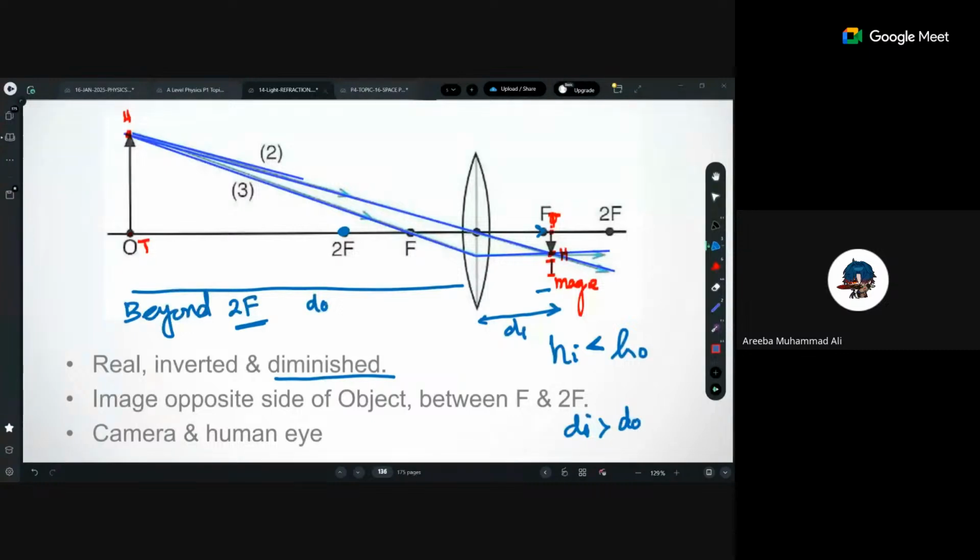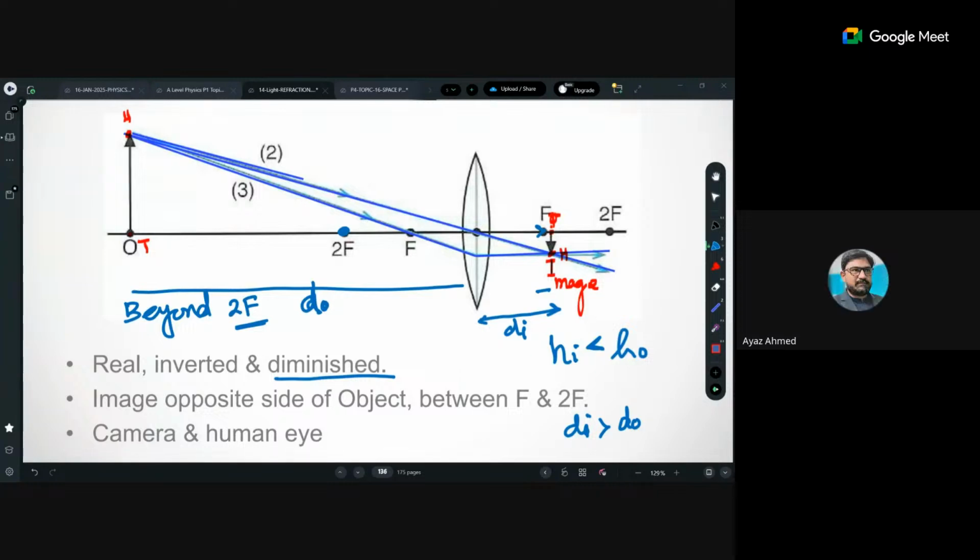What does DO stand for? DO is the distance of object from the lens, and DI is the distance of image from the lens. So HI is the height of image.